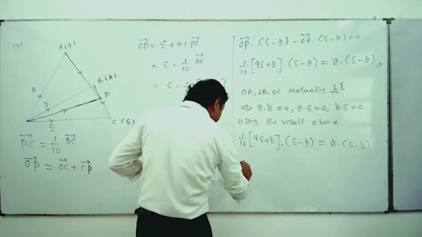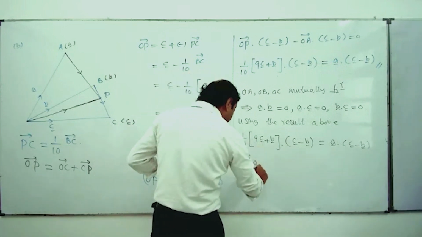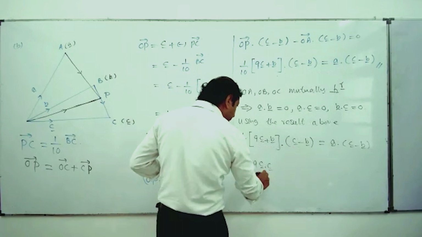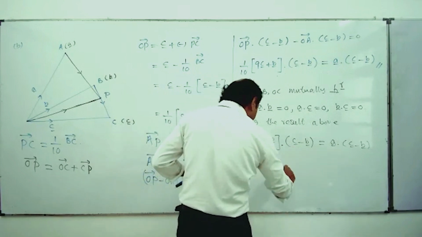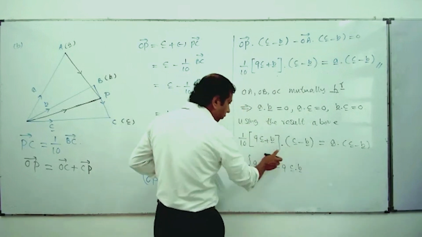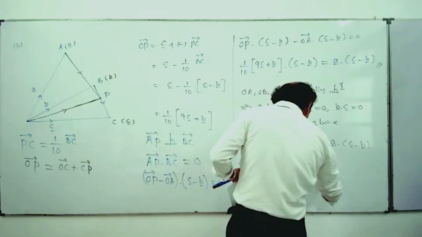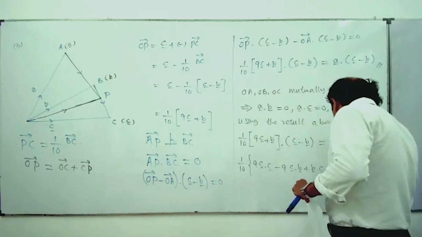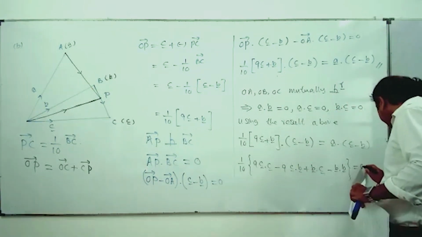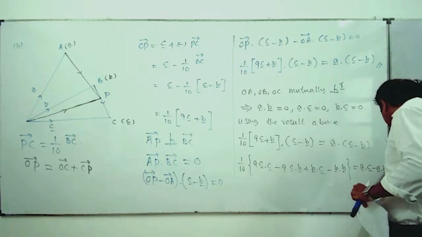Keep 1 upon 10 here, open a bracket. Here we get 9 times c dot c minus 9 times c dot b. This and this we take dot product, this and this we take dot product. Next, b dot c minus b dot b. Right hand side, a dot c minus a dot b.